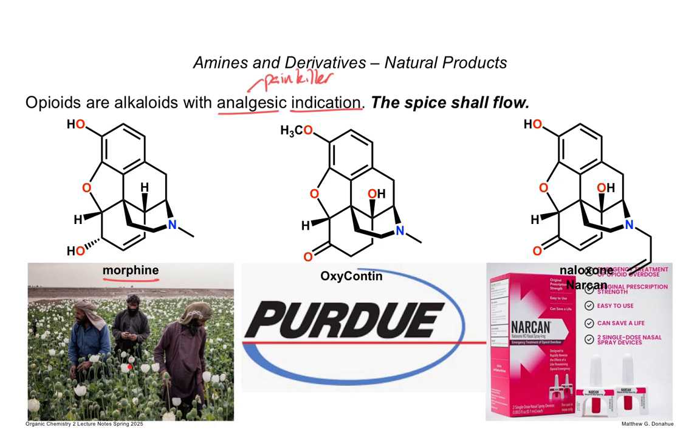I guess you see the flower there, that white flower? There's also this pod. I've never seen one of these in real life, but I think it's bigger than a golf ball or something. That pod produces this latex, and basically it's scored with a razor, and that latex leaches out. And then from that, you can extract morphine.